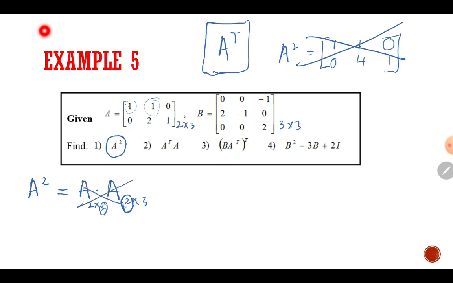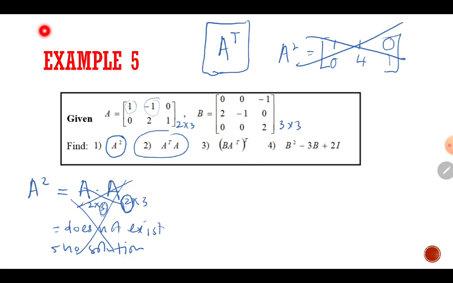Then we may conclude A square here does not exist. Okay, no solution, because we can't multiply A times A, as the number of columns for the first matrix is not the same as the number of rows for the second matrix. Okay, so it's impossible.